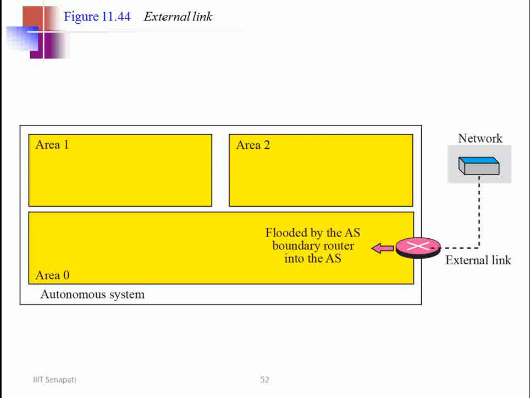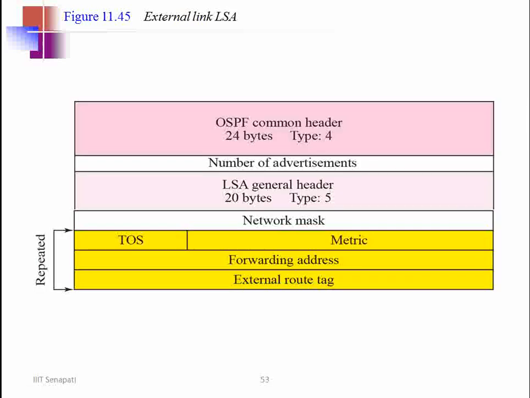So till now you have seen how it was done inside an autonomous system. Now it is being linked to a network which is outside the autonomous system. So you will have to keep some information along with this, which is the forwarding address and external route tag, right? That is the very simple thing.